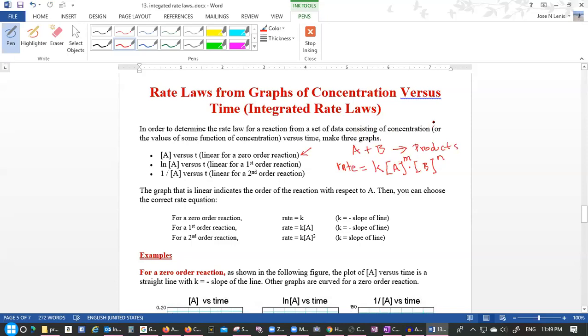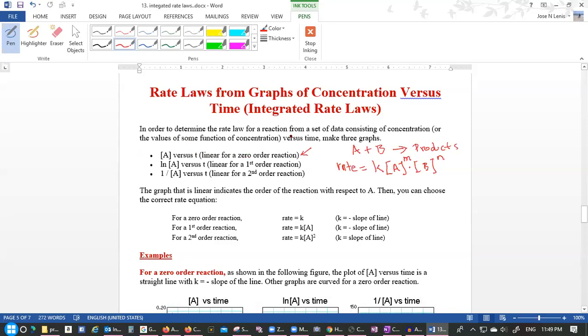You keep track of changes of concentration of A. So that data, you plug that data in a graph of A against time. And if you get a linear behavior for that graph, then you know it's a zero order.